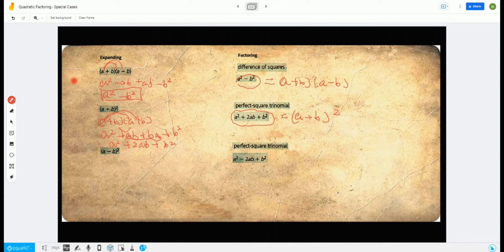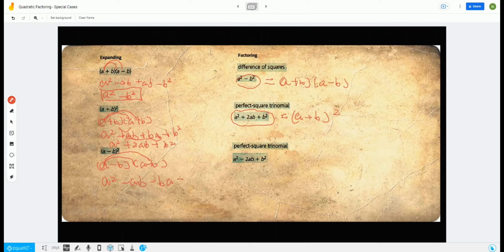Next, a minus b squared, with both factors the same. a times a is a squared, a times negative b is negative ab, b times a is negative ba, and negative b times negative b is positive b squared. So a squared minus 2ab plus b squared.